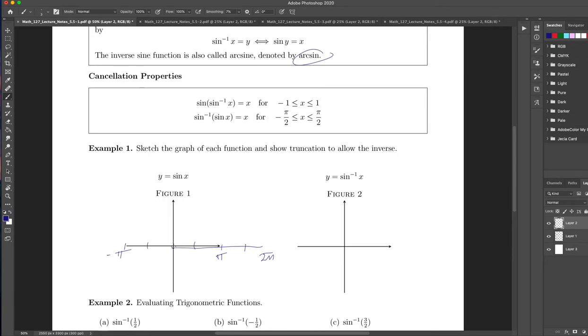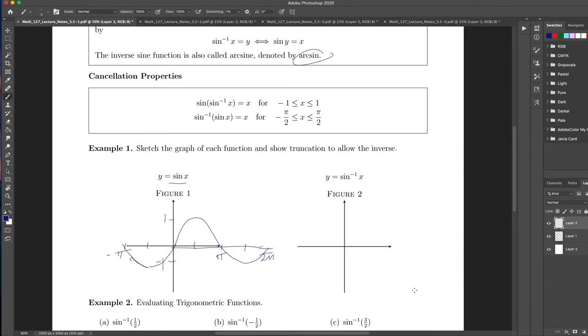Put in our halfway marks. It's going to go from 1 to -1. It's going to start at 0, come up, go down, hit the negative, and come back in. So this is our sine of x. In fact, let's just draw it backwards for a little bit, come in back here, come up, and then go back in here.